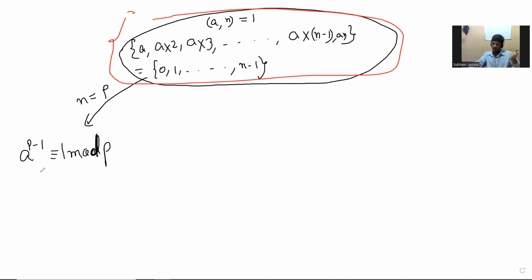But let's just work through the proof. So you have 1 leaves a remainder of 1 when divided by n. So a leaves the remainder a. Then you do a times 2. Yes, a leaves the remainder a times 2. So we have to write the remainders, right? Yeah.